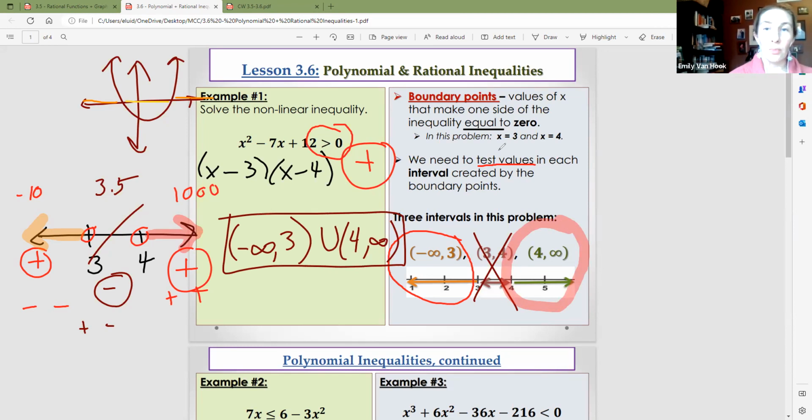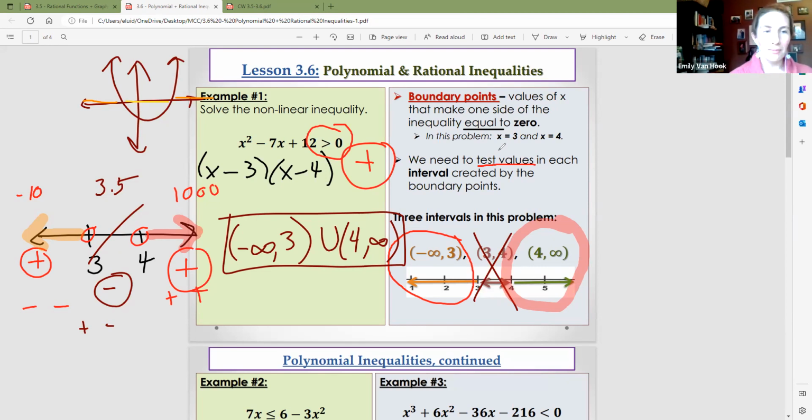The main idea with these polynomial inequalities is you get them equal to 0, you factor, and set each factor equal to 0. All of that is stuff you've done many times. Once you get those factors equal to 0, label them on a number line to make sure everything's in order, and then test each interval. Sometimes there are 3 intervals, sometimes more, maybe 4 or even 5.